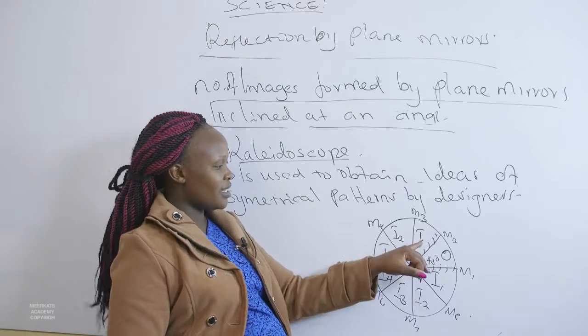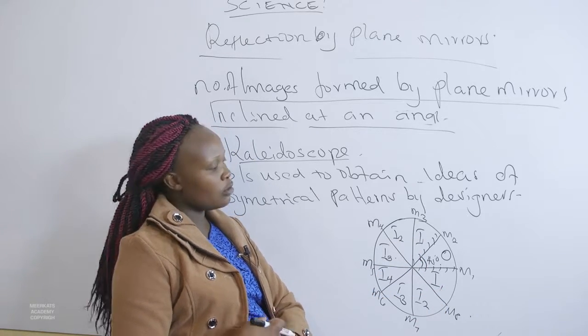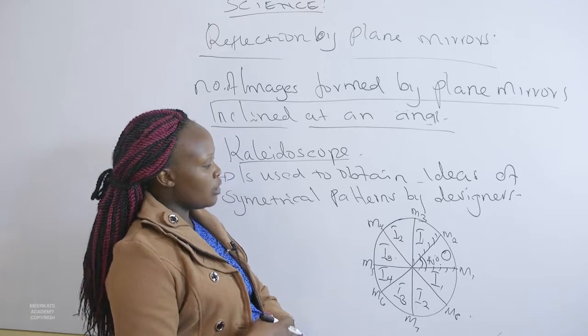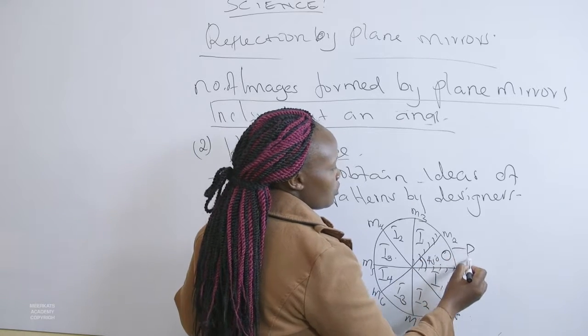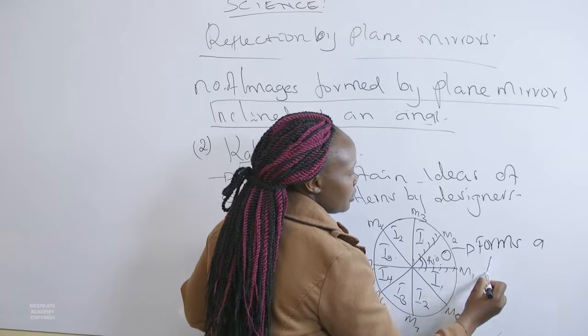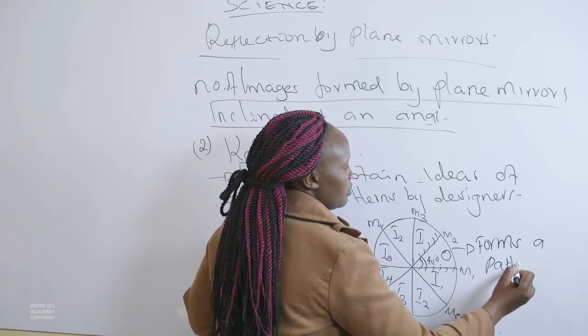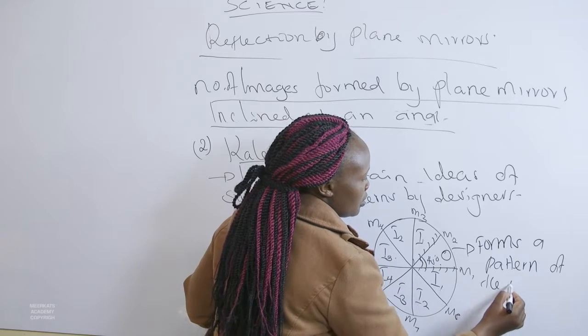So you have 7 other similar appearances of the same, and that one forms a pattern of the object.